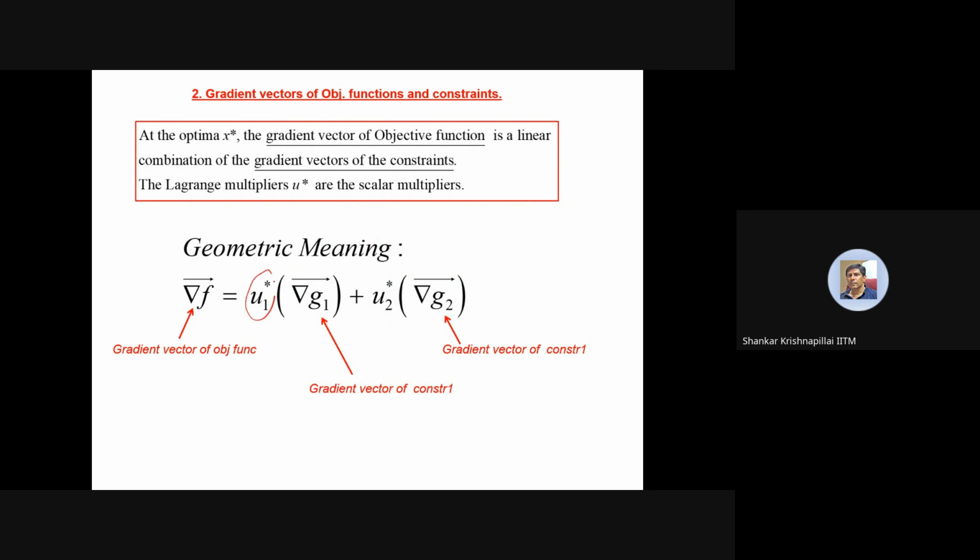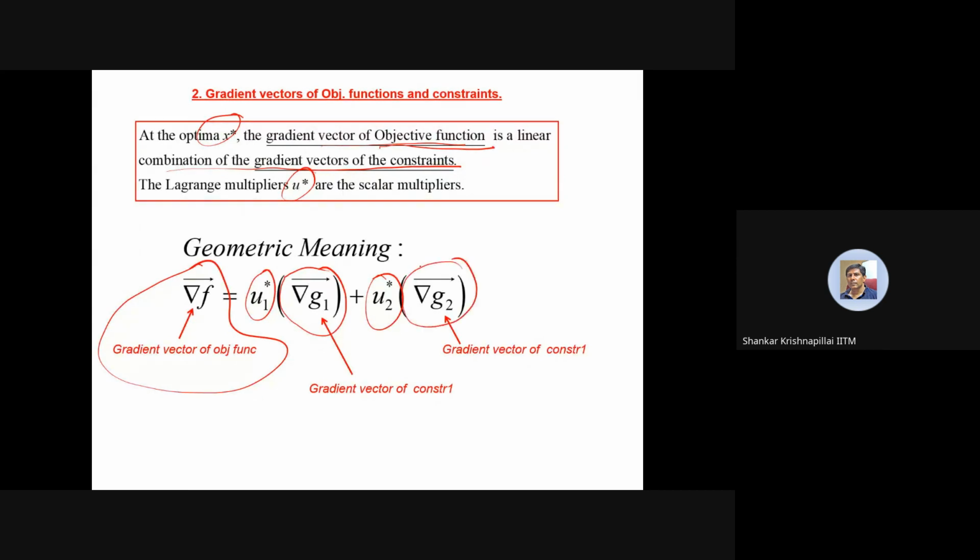Another property of the Lagrange multiplier is that at the optima X star, the gradient vector of the objective function is a linear combination of the gradient vectors of the constraints. And the Lagrange multipliers U star are the scalar multipliers. So you can see this is the gradient vector of the objective function. This is the gradient vector of the first constraint at the optima.